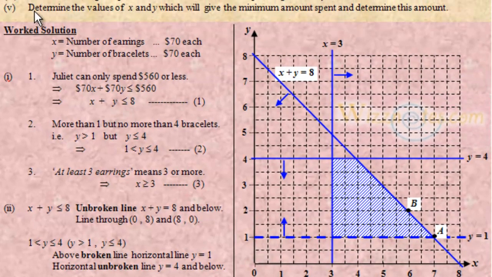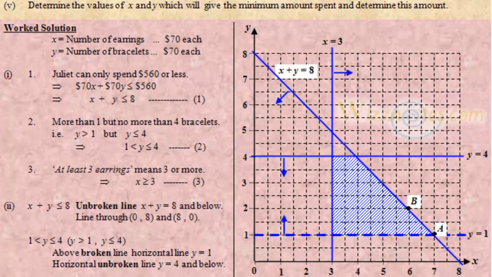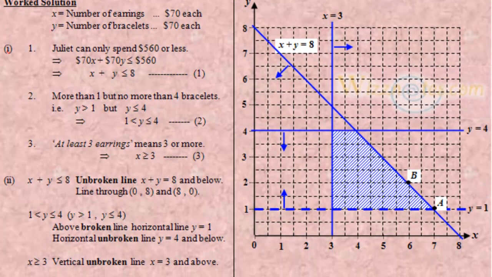Now part 5 says we are determining the values of x and y which will give the minimum amount spent, and determine this minimum amount. Remember, she's spending $70 on each item, $70 on earrings and $70 on bracelets. So the amount she's going to spend is 70x plus 70y.